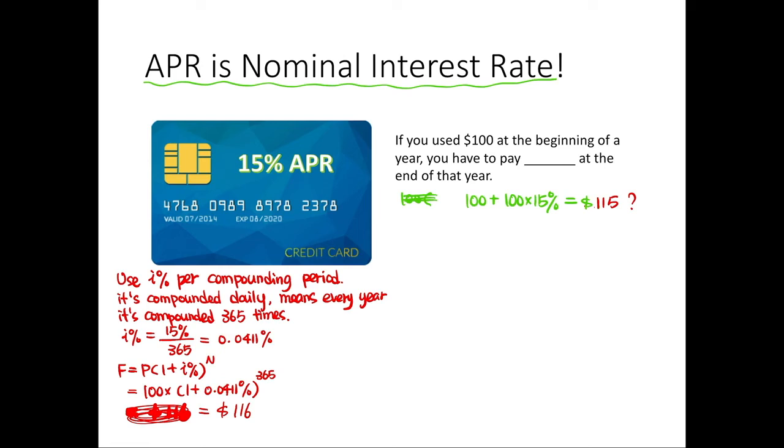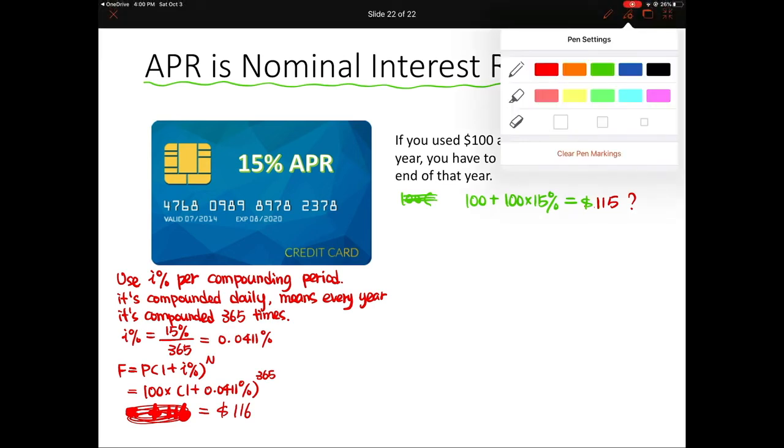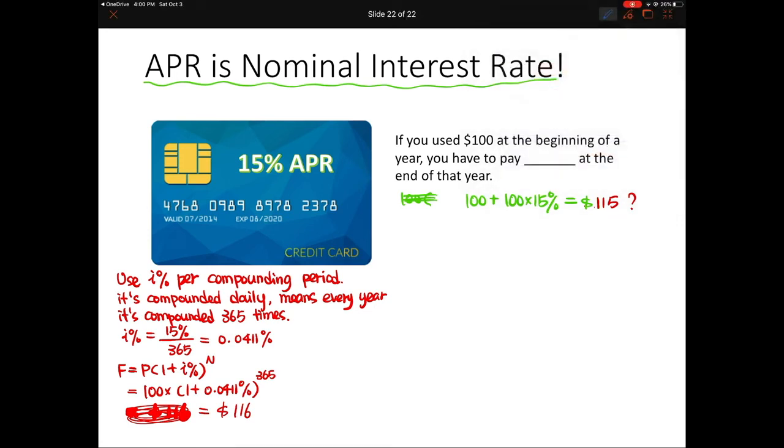So the takeaway is, in reality, you don't want to use the APR or the nominal interest rate to calculate. Another option is you can use the effective annual interest rate to calculate, to compound it year by year.